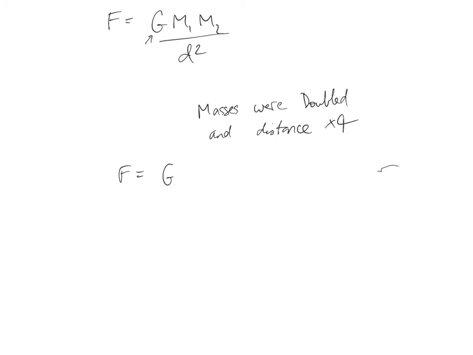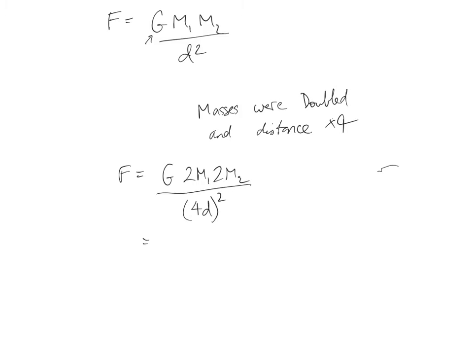put our new values in, so doubled masses, 2m1, 2m2, divided by the distance 4d, and then squared.